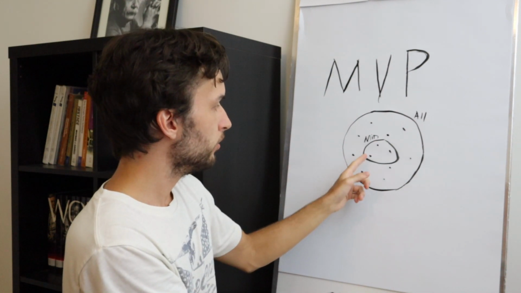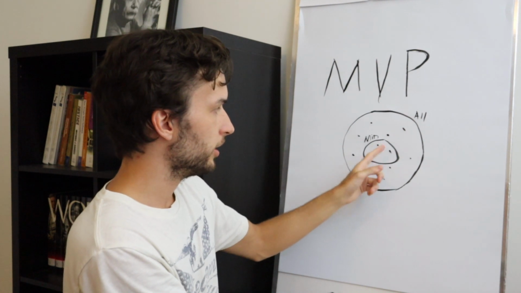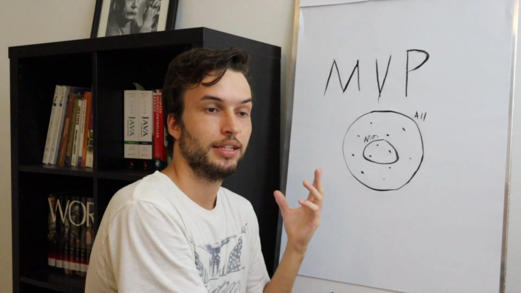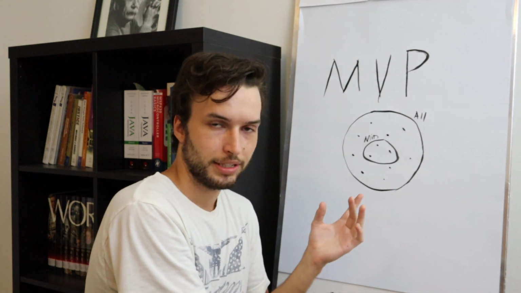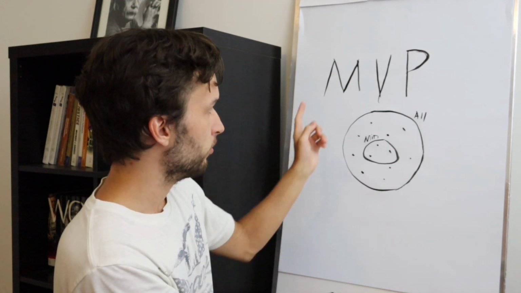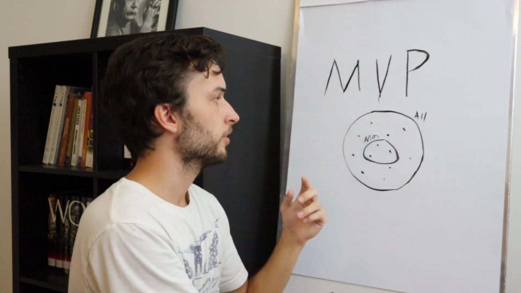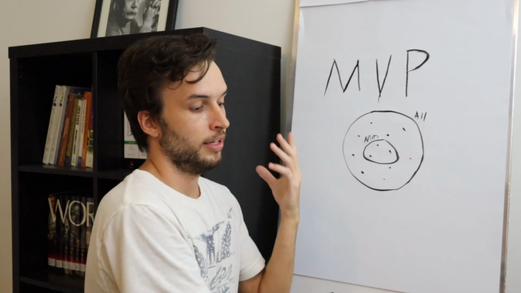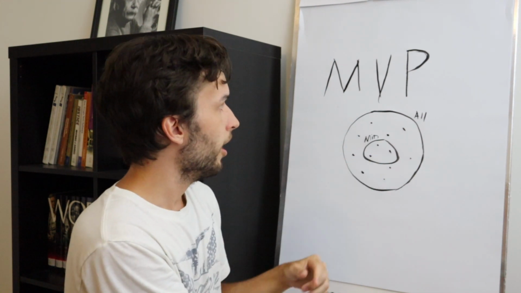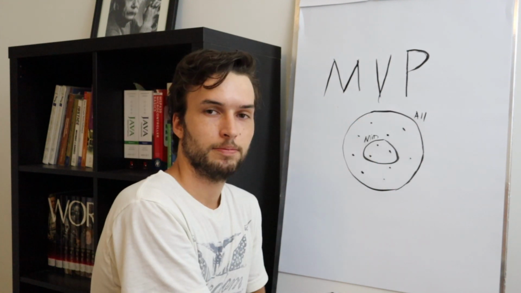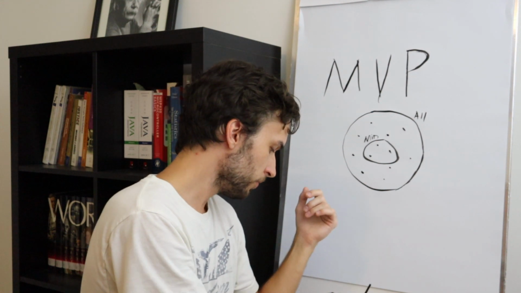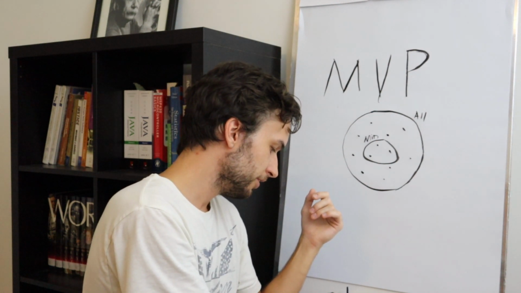The way you choose which ones go in this minimum part is you make sure that each of them is absolutely necessary in order to fulfill that user's need. So: minimum, viable in terms of whether it's actually necessary to achieve the user's needs, and then product, that's just what you're building. That one's obvious. So hopefully that makes sense.